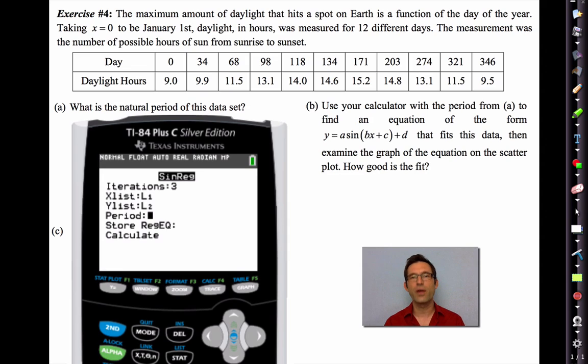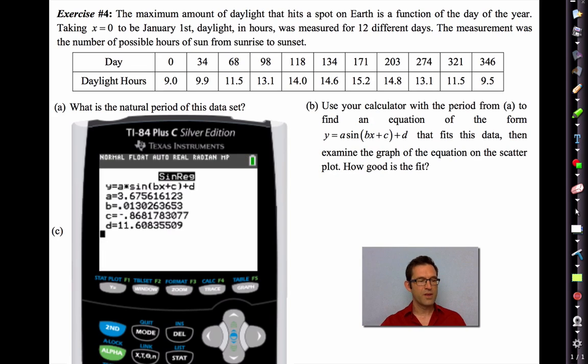So I'm going to put in 365 for the period. The iterations are 3, the x list is L1, the y list is L2, the period is 365. In many modeling contexts, you will know the period. If you don't, then you better be collecting data in evenly spaced x intervals. But let's hit enter. Let's see what we have.